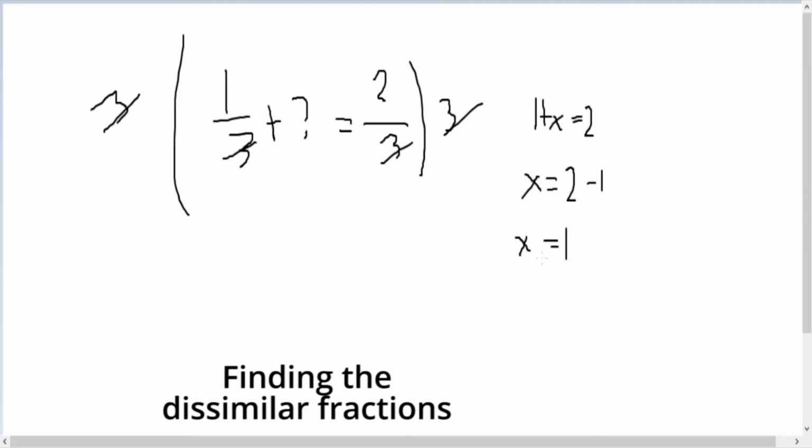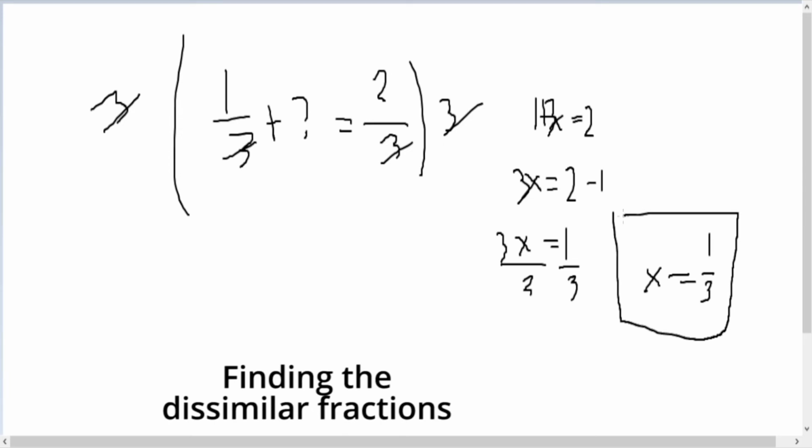You see 3x, I mean 3x. So this thing 3x, 3x divided by 3. And that's your final answer. x equals 1 over 3.